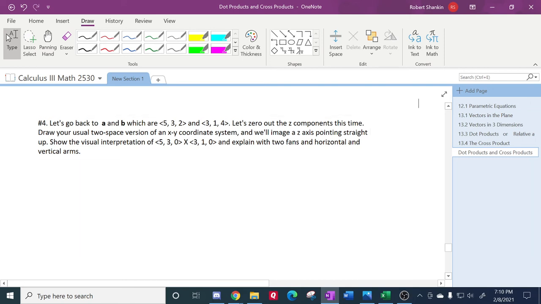So let me give you a little bit of time to draw this and explain it. You're going to kind of repeat the process that I just created. This time you're going to create it with the Z component zeroed out.